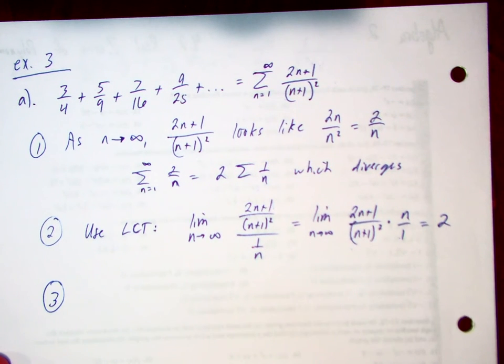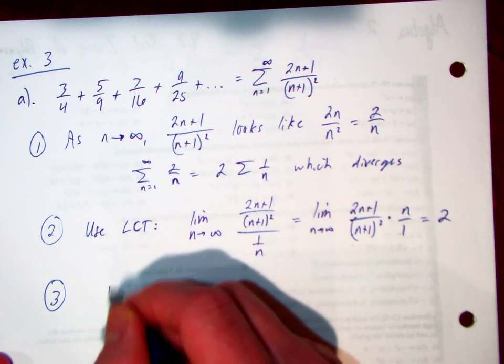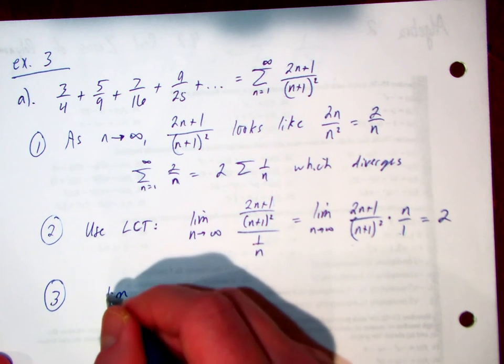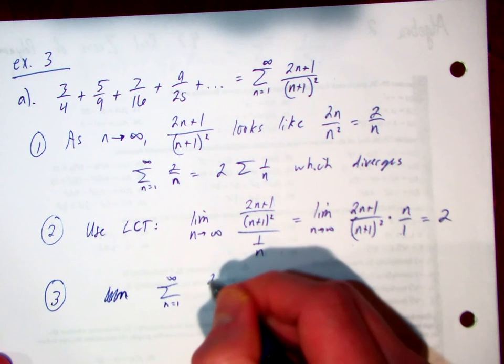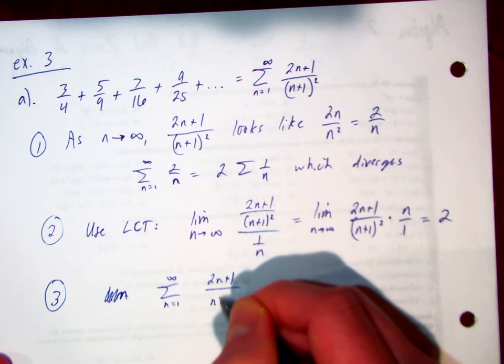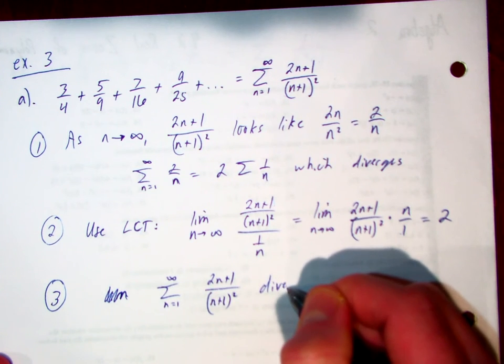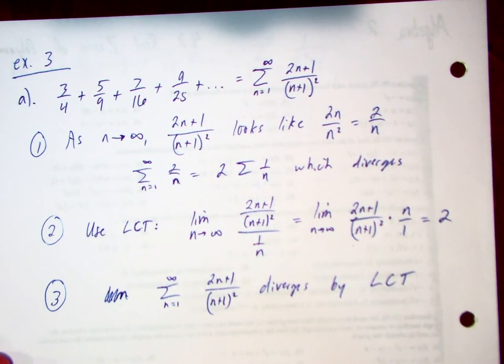So that's our step 3, to state the final conclusion. The sum from n equals 1 to infinity of 2n plus 1 over n plus 1 squared diverges by the limit comparison test.